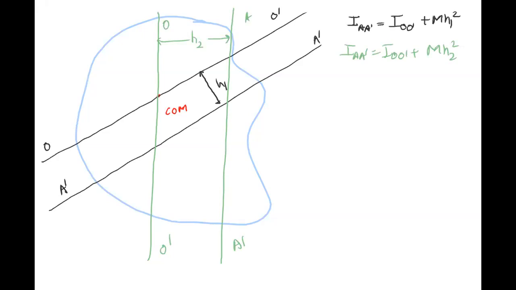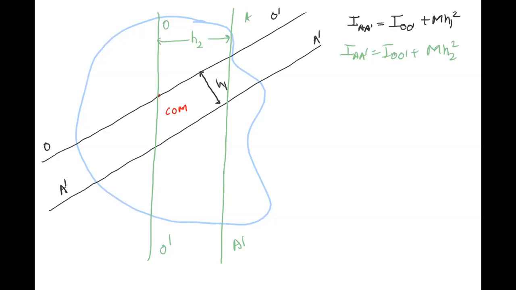So just to remind, this theorem of parallel axis cannot be applied to any two parallel axes. No, it cannot. Out of those two parallel axes, one must pass through the center of mass of the object. If you have an object and two parallel axes, neither of them passing through the center of mass, then you cannot apply the theorem of parallel axis.